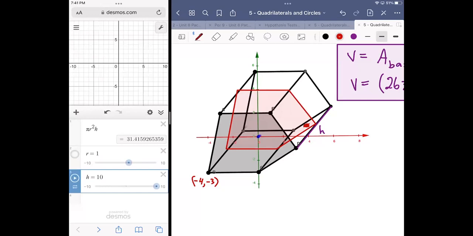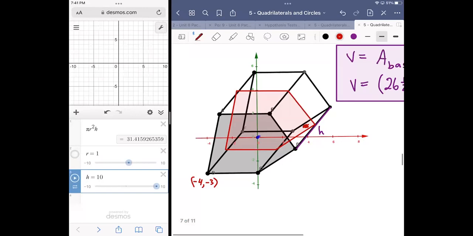The one that I had on GeoGebra had what we call infinite height, which led to infinite volume. But if I wanted to cap it at 10 feet or 100 feet or maybe only 1 foot, I would have the flexibility to do that using something like Desmos or GeoGebra.